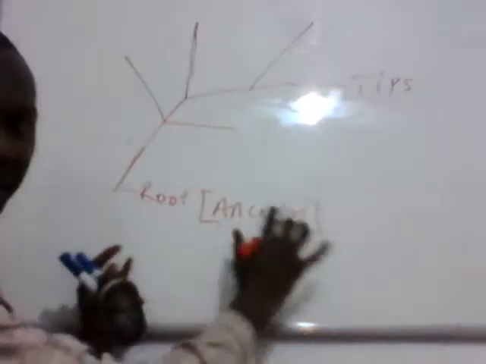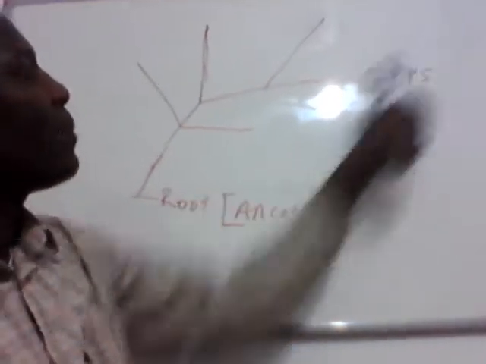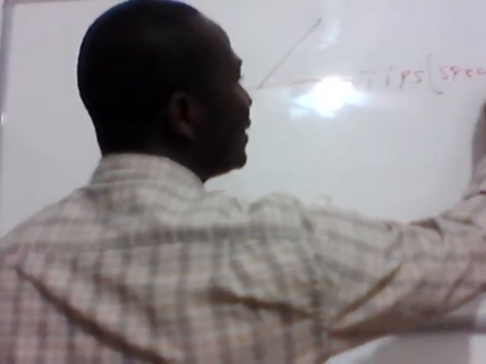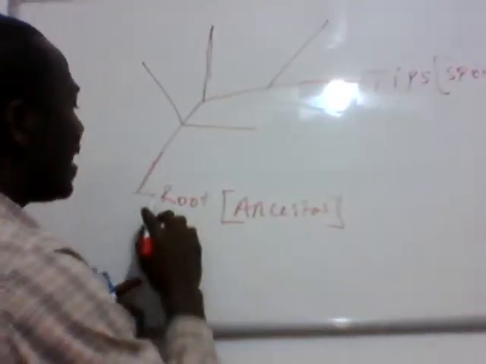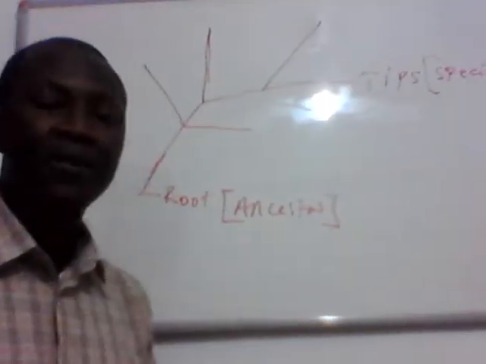So this will be their father, and these are the offspring. Every tip represents a species, and every root represents the ancestors. That's the first concept that we need to put at the back of our mind.